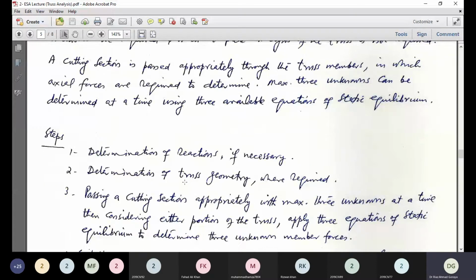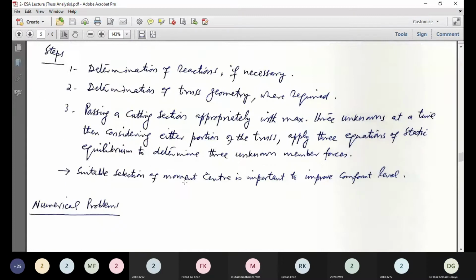Now the solution steps: first, determination of reactions if necessary. That 'if necessary' means if there is no joint having two unknowns and one known load, then we will do this first step. Then the second step is determination of truss geometry where required.